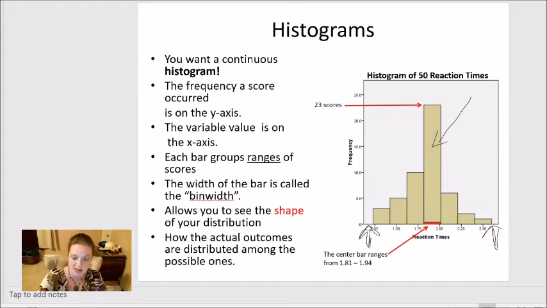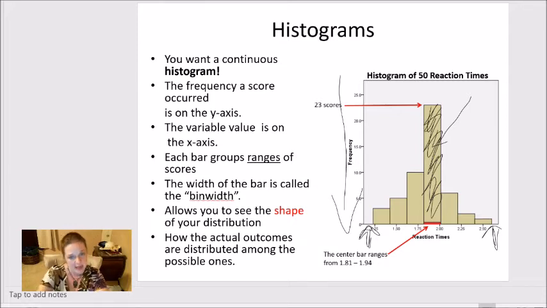So for example, here in this center rectangle, or this center bin, this is the range of 1.81 to 1.94. And then over here along the y-axis, you keep track of how many people ended up in a particular range.